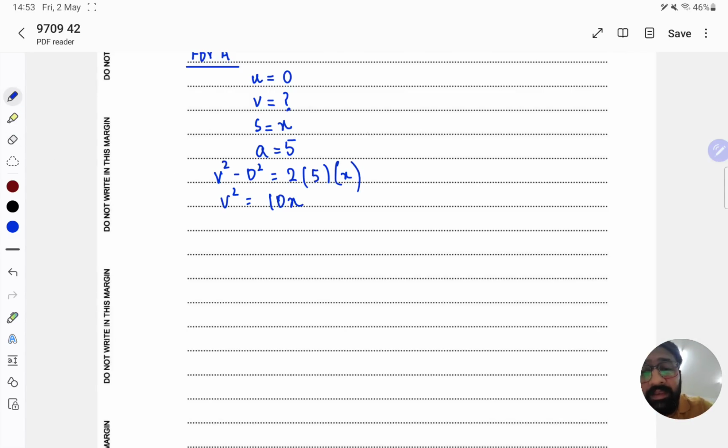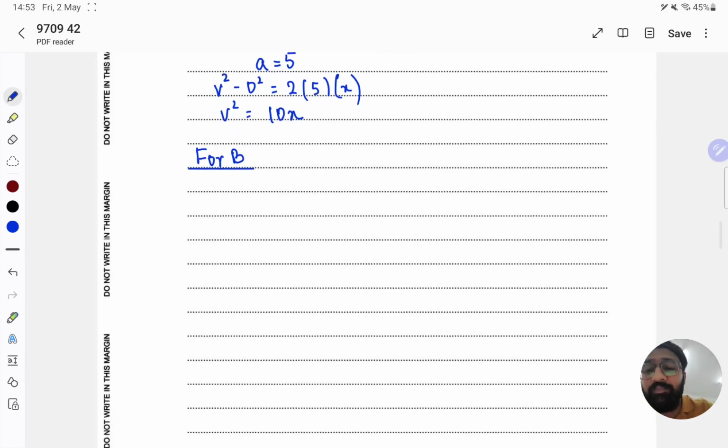So it will be 10x. Now the object B is traveling with the same speed as object A because both of them are connected.